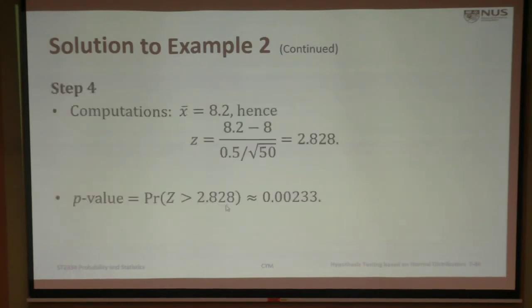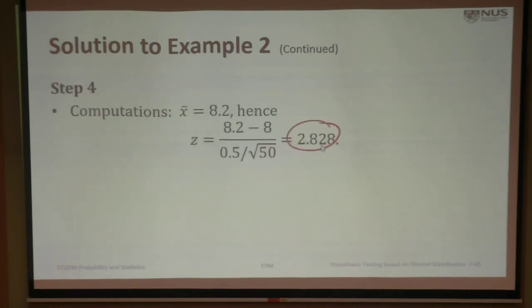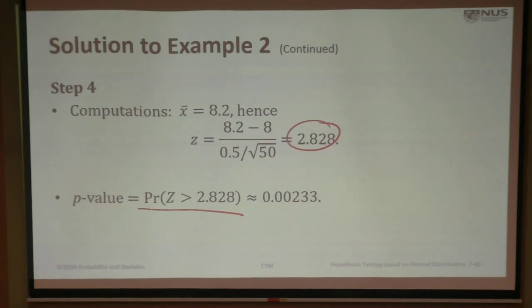All right, so I do the computations, and z turned out to be 2.828. So it is greater than 2.326. In fact, the p-value. Because it's a one-sided alternative, the p-value is the probability of Z greater than what we observed, because the alternative is mu greater than 8, so it is on the larger side.